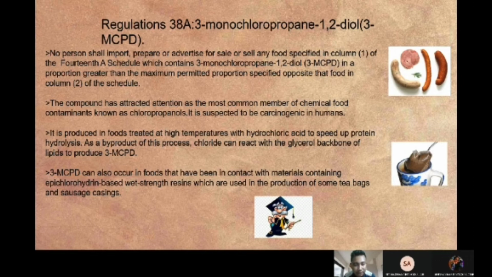As a byproduct of these processes, chloride can react with the glycerol backbone of lipids to produce 3-MCPD. 3-MCPD can also occur in food that has been in contact with material containing epichlorohydrin-based wet strength resin, which is used in the production of some kebab and sausage casing.